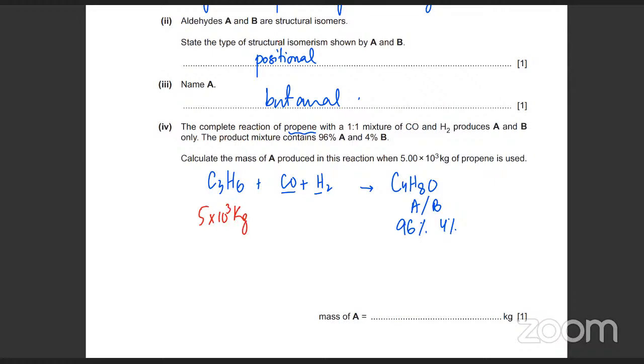So figure out what the moles are. Mass divided by MR. Propene is, I think, C3, that's 12 into 3, that's 36 plus 6, 42. Okay, it should not be in kgs, it should be in grams. So how many moles do we have? 119 into 10 raised to power 3.